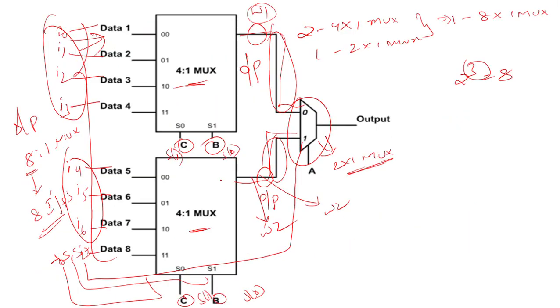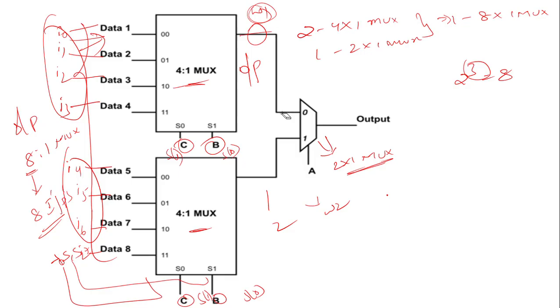Now what you are going to give: these W1 and W2 go to the 2 by 1 mux. Wait, one minute. Here you can observe, this wire is W1 and this output will be W2.